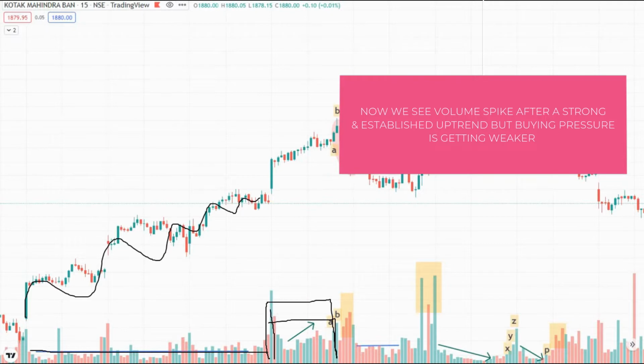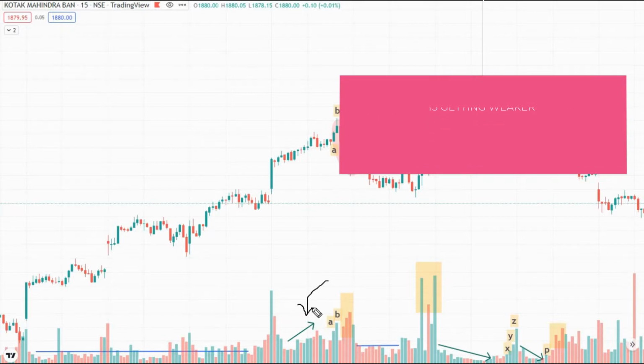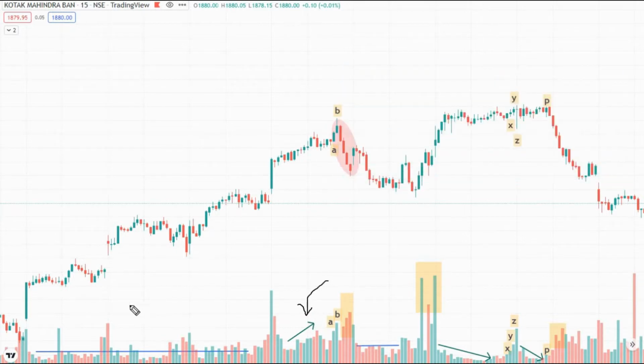This could be an exhaustion volume, because remember, we are in an established uptrend. The average volume size was up to this much, but suddenly the volumes have increased, and see the price behavior. The volumes have increased, but the movement of the price is not that great.